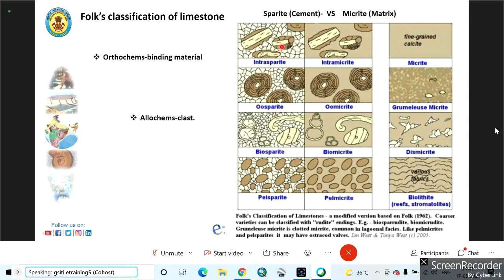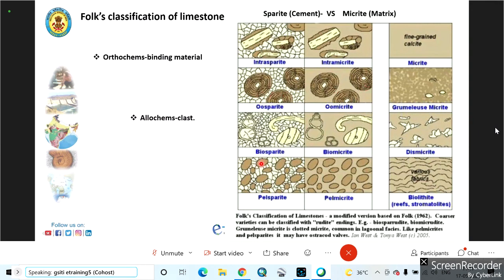When there is an intraclast bounded by sparite, it is the intrasparite. When there is an intraclast bounded by micrite, it is termed intramicrite. And when there are ooids bounded by sparite or micrite, accordingly the term will be used.